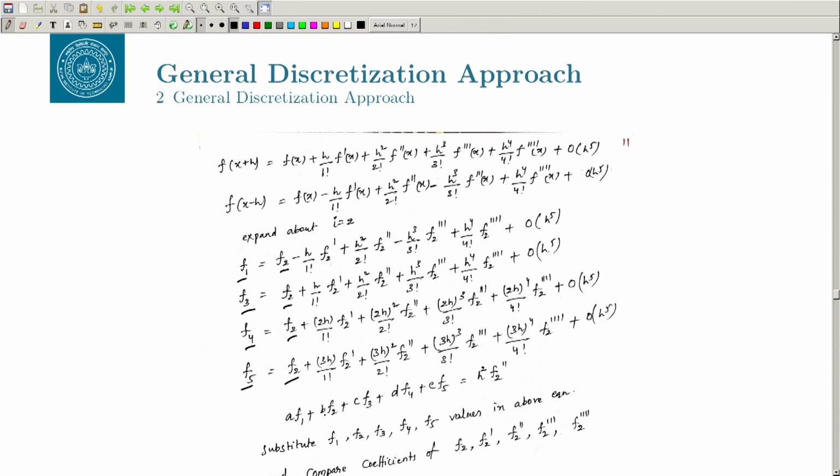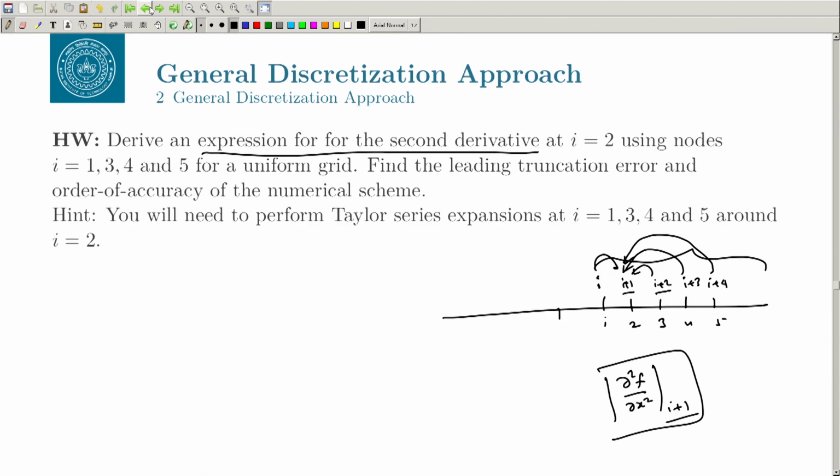Compare the coefficients. You will have 5 coefficients this time, and then you solve it and you will get the values of a, b, c, d and e. So this is the general discretization approach. For practice you can take any number of stencil points and try to get the derivative that you want.